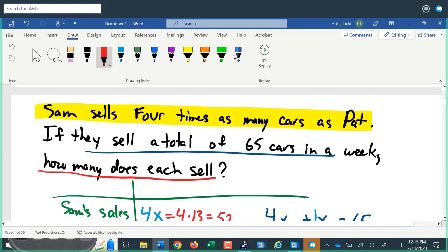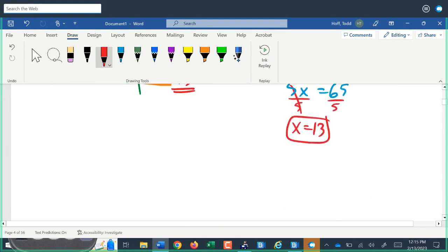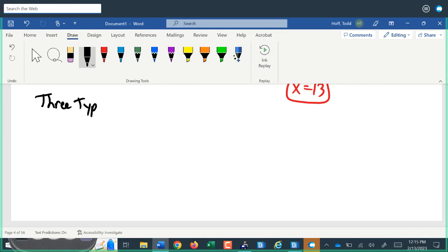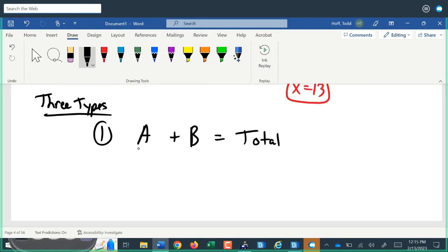Now, I realize this is a little bit of a corny word problem, very simplistic. But it illustrates one of the 3 main types of problems we run into. So the first type is we have 2 amounts, A plus B, add up to a total. And that's what this was.